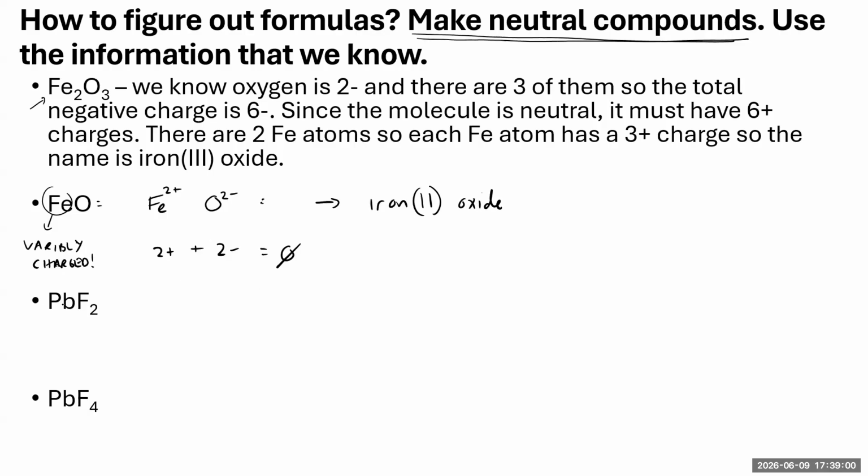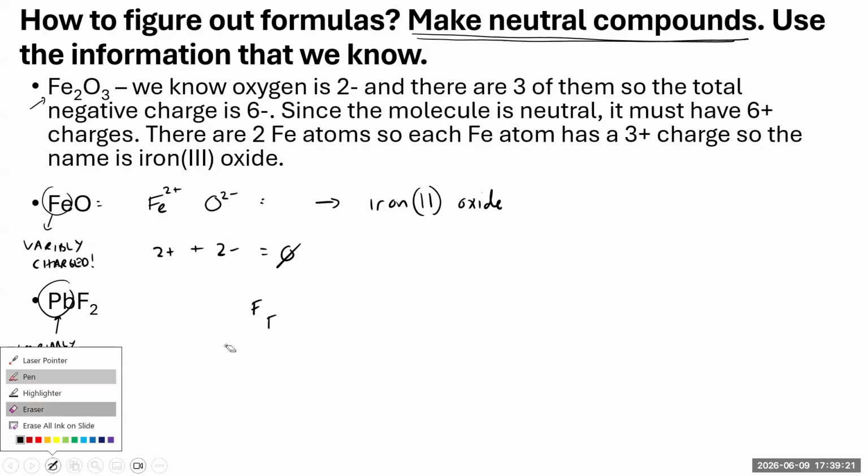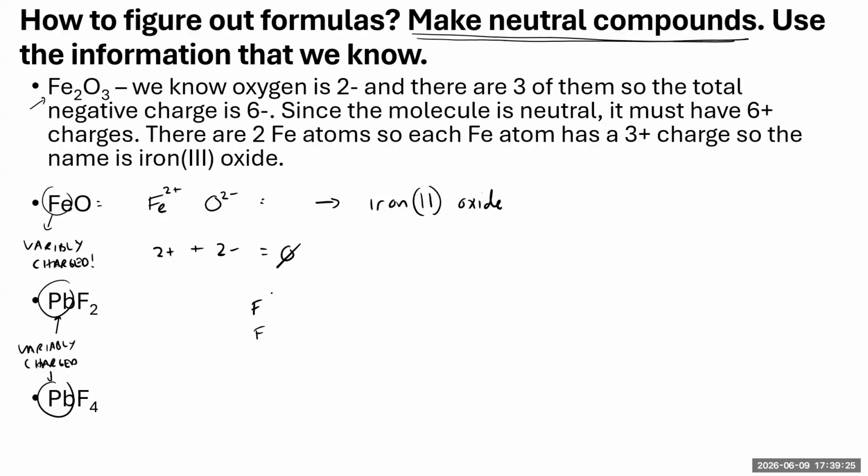All right, same with this one. Lead, variably charged. But we know fluorine. Let me see if this works right here. So F 1 minus, F 1 minus. We have a total of 2 minus.